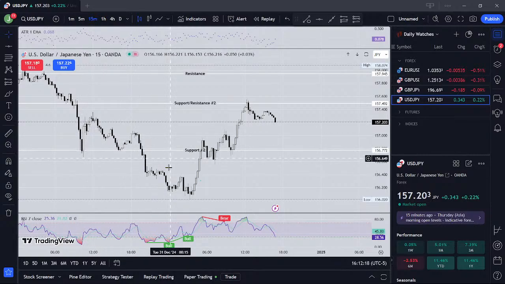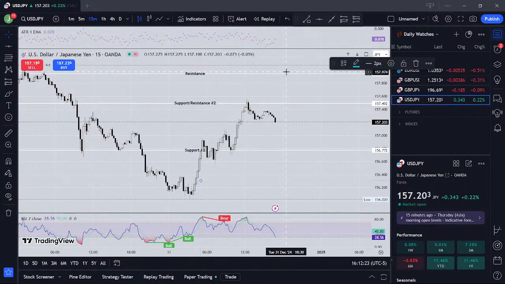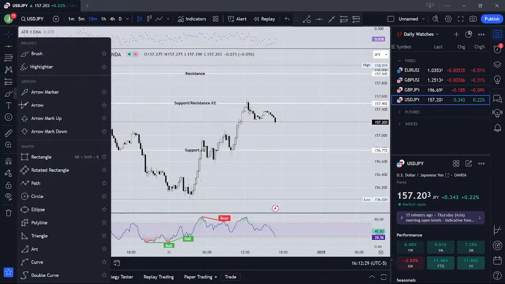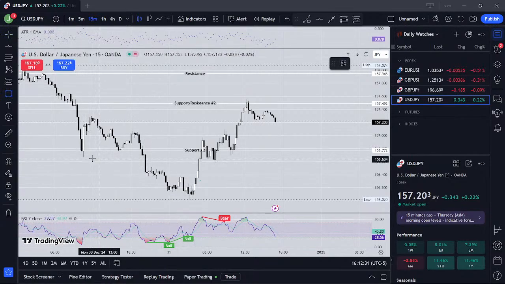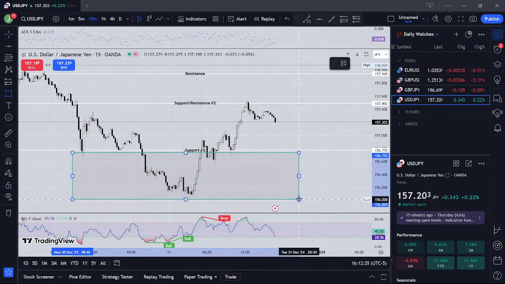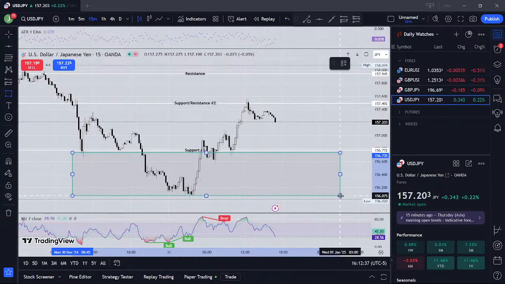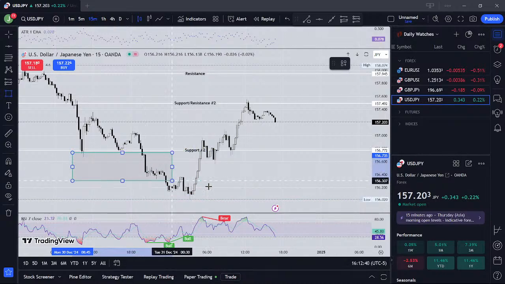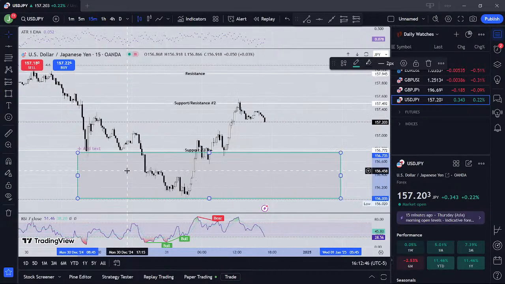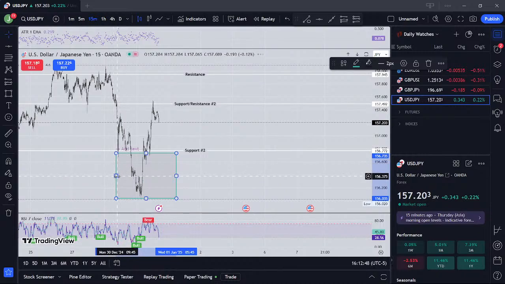Right now I can see that the market just went down. I'm going to highlight this. This will be a small resistance box here. I want to see if I drag this all the way.